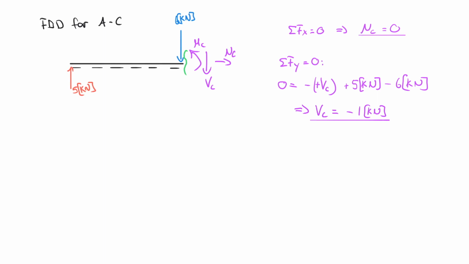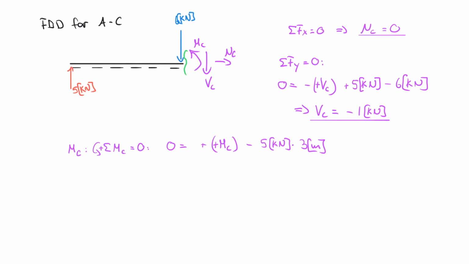And I'm ready to move on to my moment. The moment at C is determined through the sum of the moments about point C being equal to 0, counterclockwise positive. And 0 is equal to, I always start with my unknown, plus positive defined M at C, minus 5 kilonewton multiplied by 3 meters. The distance is still 3 meters there.